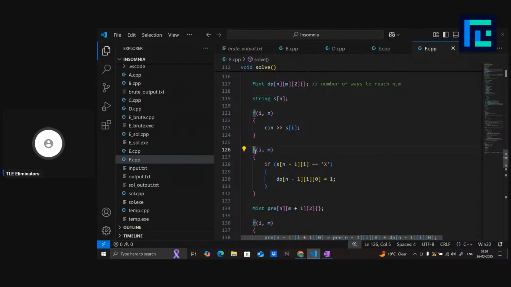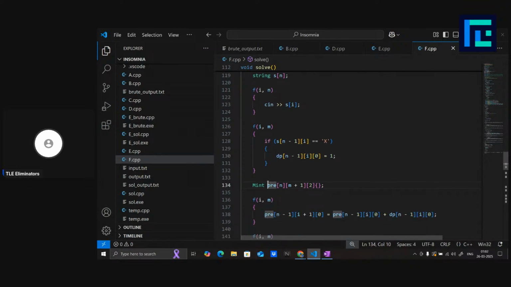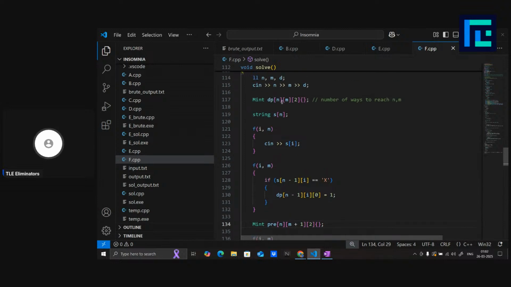Now this is the base case, for int i equal to 0, i less than m, i plus plus. If in the last row the ith is x, then dp of n minus 1 i comma 0 is 1, because there is one way to reach there, that is, start from there. Then I have prefix sum, the prefix sum array along this m parameter.